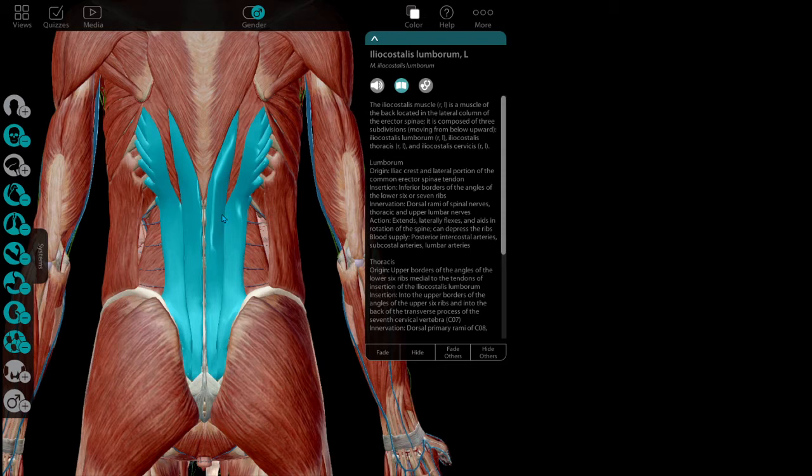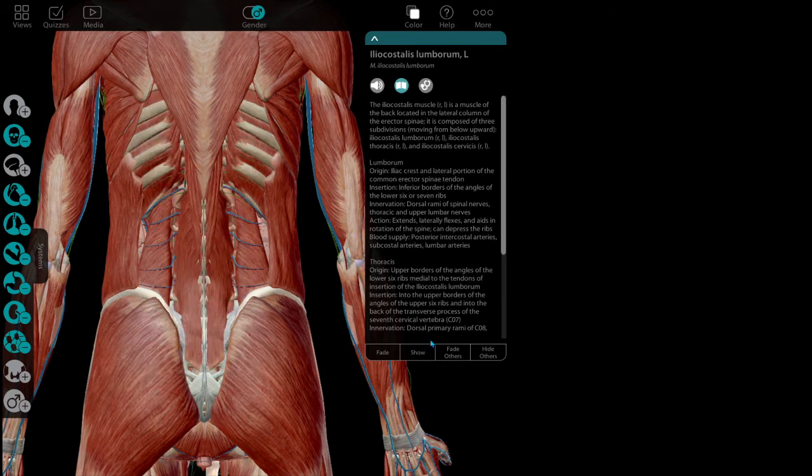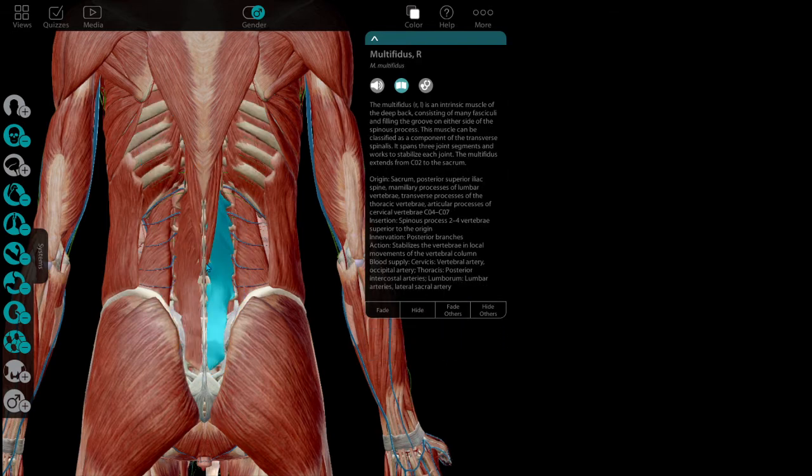spinal nerves na nag-exit sa imong intervertebral foramen. So we have here also your multifidus. So di ba dito sa taas na tayo multifidus rotatoris dito sa neck. So naapod na siya sa lumbar. No?